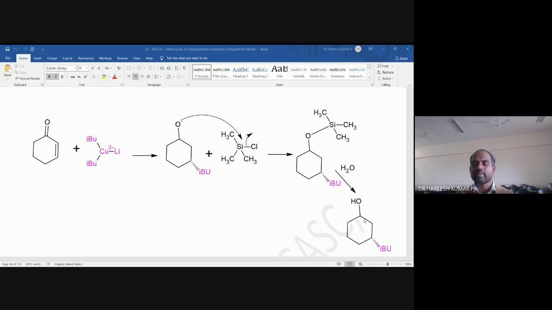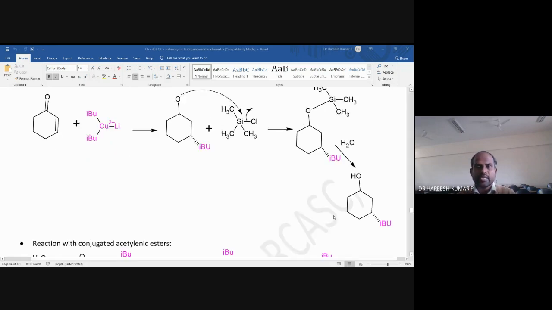This enol may be converted into keto form in a keto-enol tautomerism. So in this slide, this double bond is left over. Maybe you can rectify. Here also a double bond is there. Here also a double bond is there. So with this, I will go to the next slide.